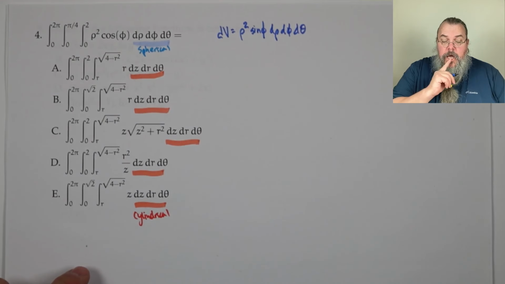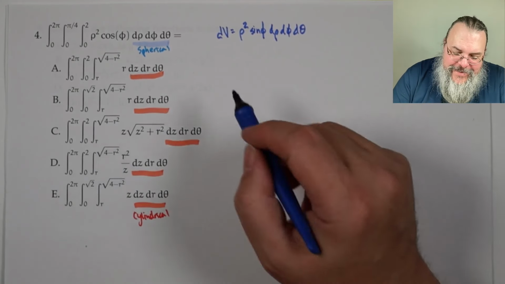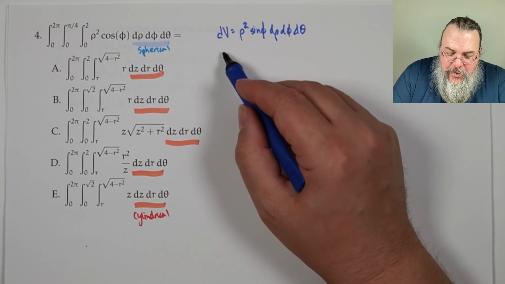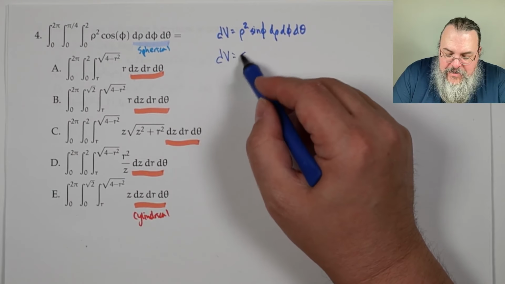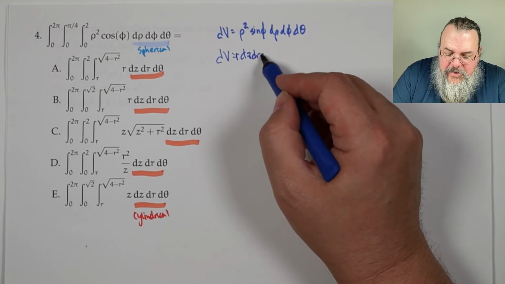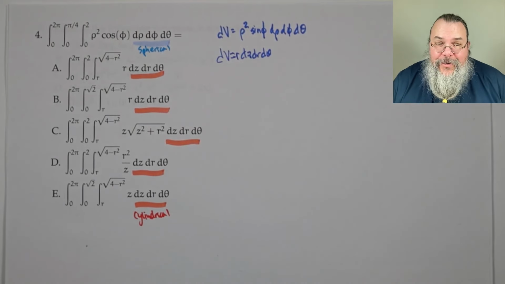That's going to cause problems. Well, okay, so we'll hold off on that discussion. Putting that aside, we also have that dv should be r dz dr d theta. I almost forgot the r. It's the same r that comes from polar coordinates.